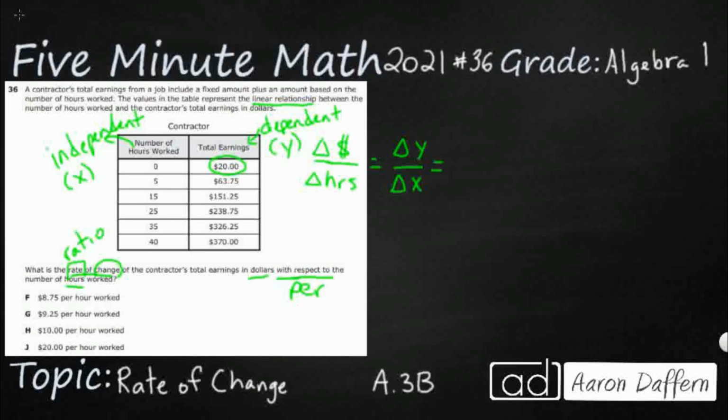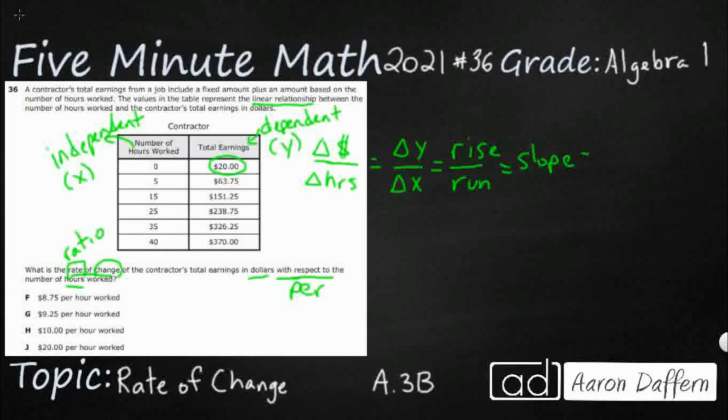Change in Y over change in X. Some of us will call it rise over run. You should be thinking that's the slope. If we were to graph this, we would be looking for the slope. That's what the rate of change is looking for, the slope.